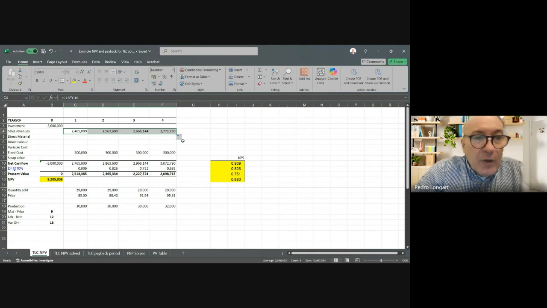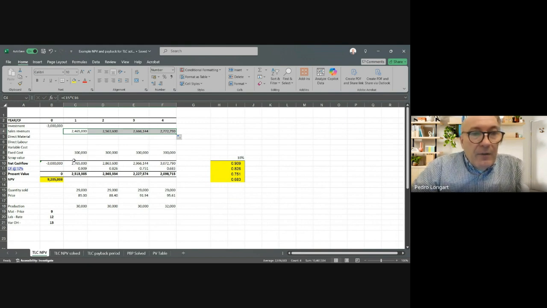Now, let's actually calculate the other values. These are costs, okay? Because these are costs, they are going to be negative, obviously, all right? It's going to be less, so it's going to be deducted, okay? My revenue is positive, but my costs are going to be negative, all right?